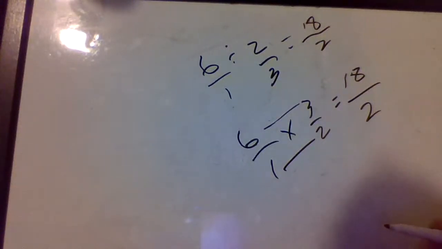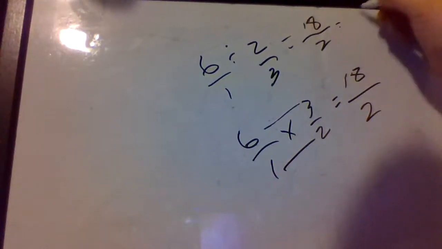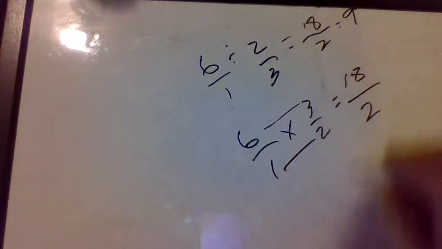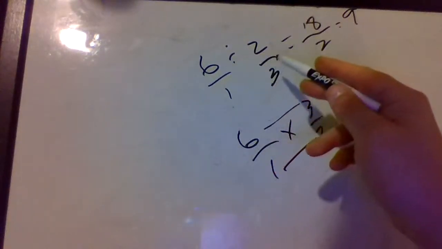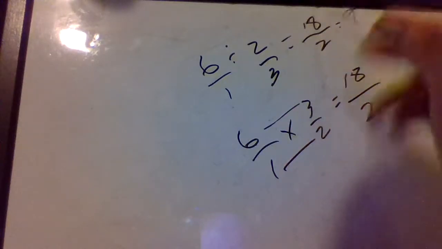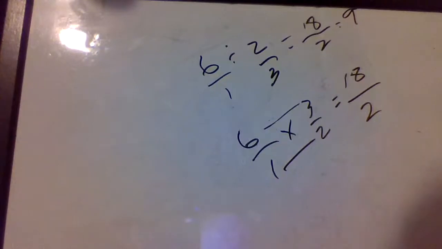And you can convert that to a whole number, because all a fraction bar really means is division. So 18 divided by 2 is 9. So, to take it one step further, 6 divided by 2 over 3 equals 9. And that would be your complete problem. There's nothing else that we can do to that problem.